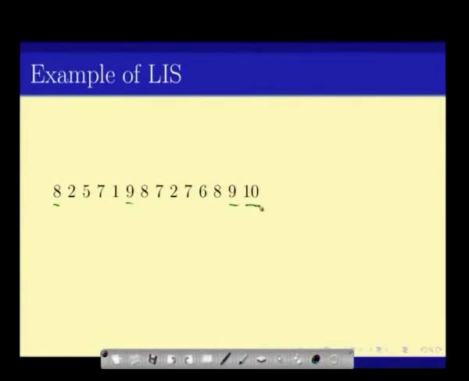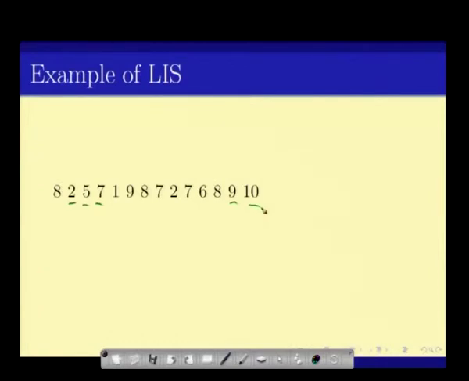This is an increasing subsequence because I have picked up elements from this sequence and it is increasing: 8, 9, 9, 10. Similarly, I can have some more, for example 2, 5, 7, 9 and 10. This can also be an increasing subsequence.